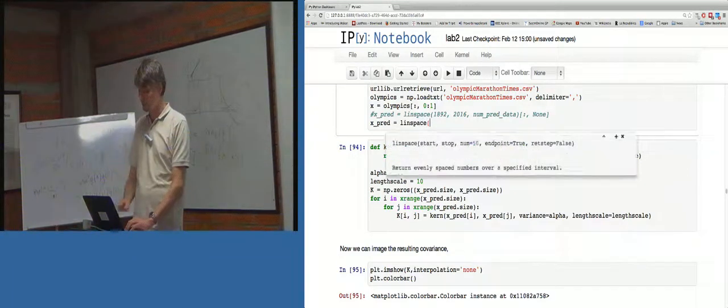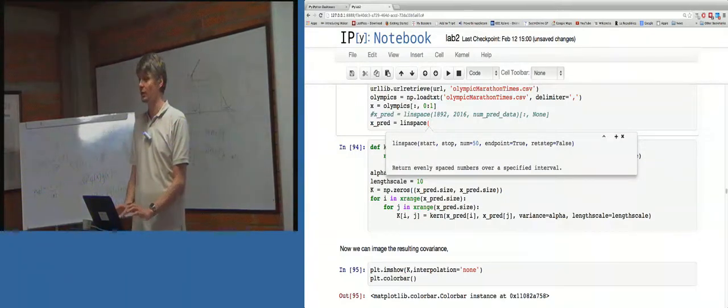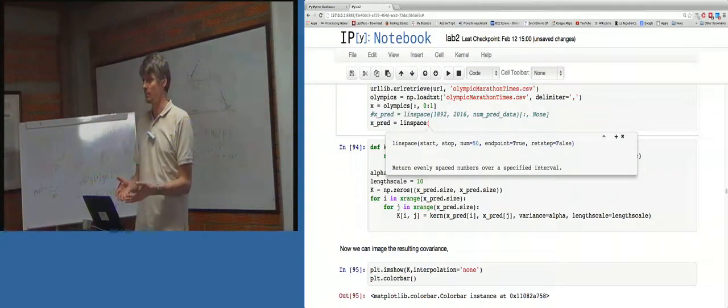Now, of course, than the Gaussian process, but from a model.